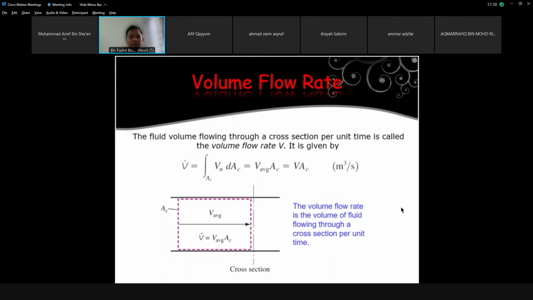Or volume flow rate, V dot equal to V times Ac. V is velocity, okay, meter per second, and Ac is the cross-sectional area, m square.